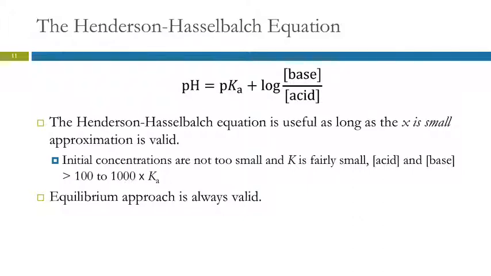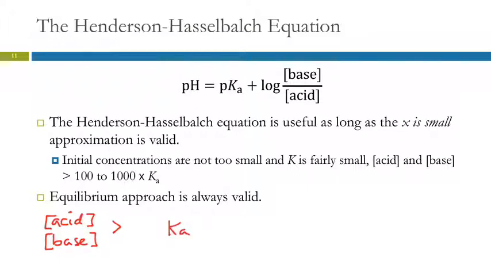Yeah? You said it will be X is small when the initial concentration isn't small and when the some value is... Yeah, so this didn't break across this line very nicely. So we want the acid concentration and the base concentration to be larger than Ka.